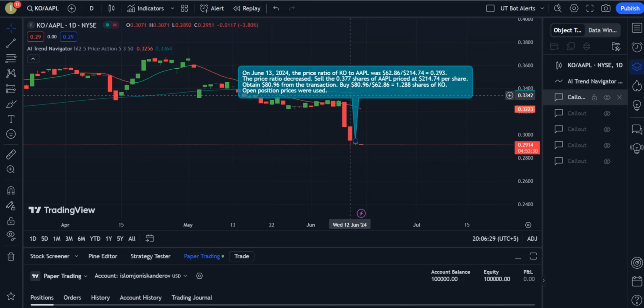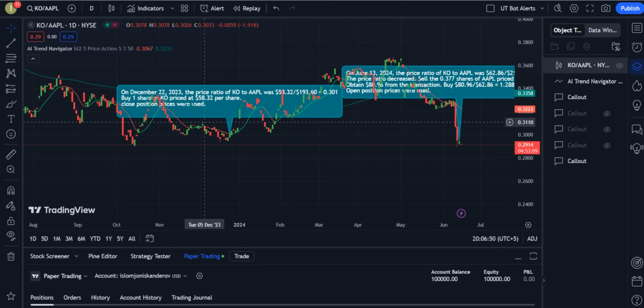So as you can see here, over a period of nearly 6 months, we were able to obtain an additional 28% shares of Coca-Cola stock. So if you look at the first transaction, we initially bought 1 share of Coca-Cola stock.